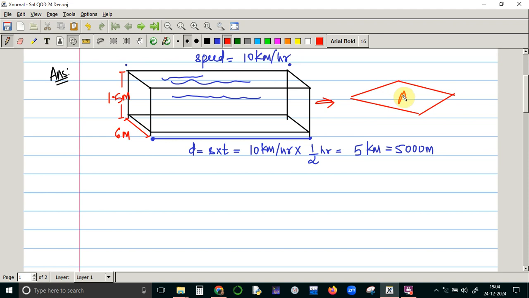Whatever the area is, the water must stay on the field with a thickness of 8 centimeters. This is the layer of water on the land, on the field. We are interested in finding this A, and we know that volume is equal to area into height.